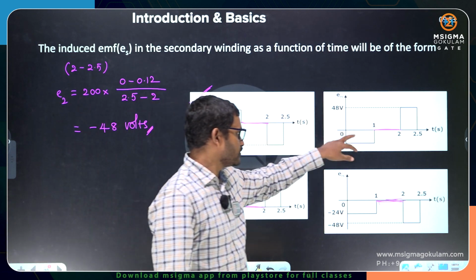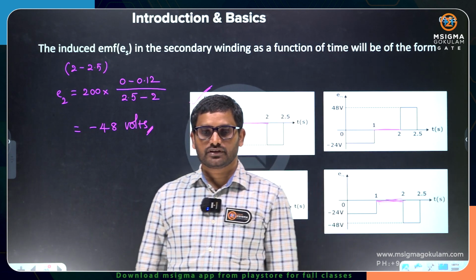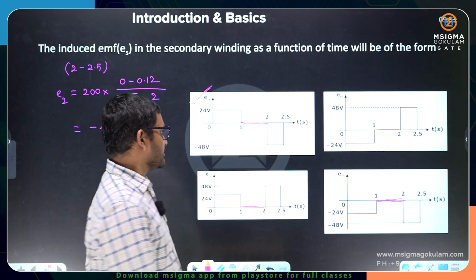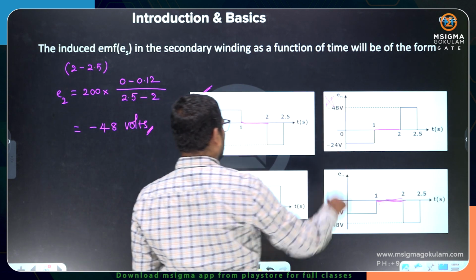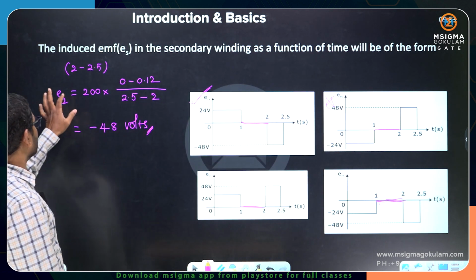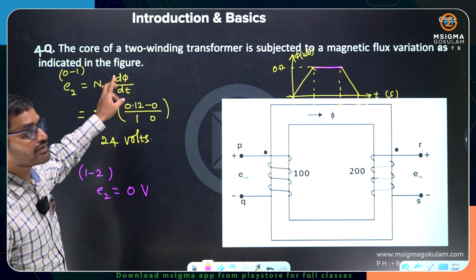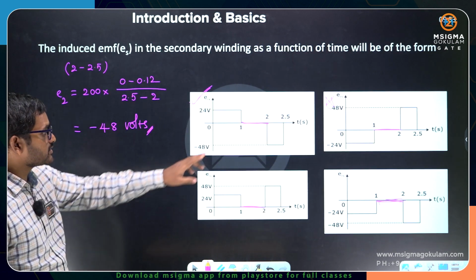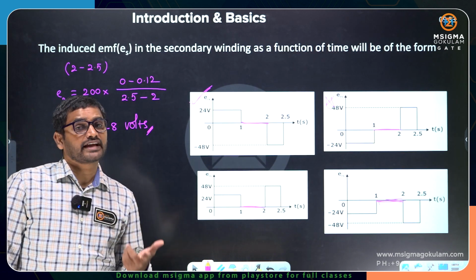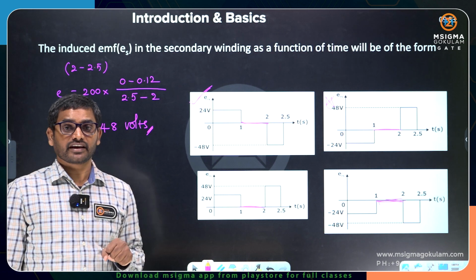This one we have got is inverted. Be careful, people will go ahead with this one. No, the polarity of the induced EMF matters. If you take negative, minus N into d phi by dt, you will get the B option. When to take negative and when to take positive is very important.